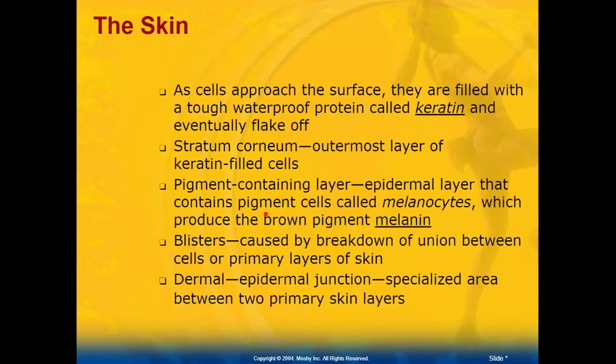As cells approach the surface, they're filled with a waterproof protein called keratin. This is what gives us the waterproofing of our skin. Because we know we could sit in a bathtub or a swimming pool, the ocean, whatever it is, for a long period of time before our cells start kind of expanding and you get the wrinkled feeling. But if it wasn't for this protein, it would happen a whole lot faster.